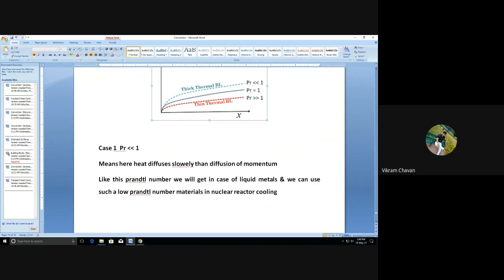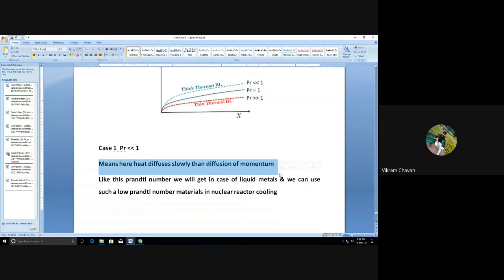Prandtl number lesser than 1 means here heat diffuses slowly compared to the diffusion of momentum.